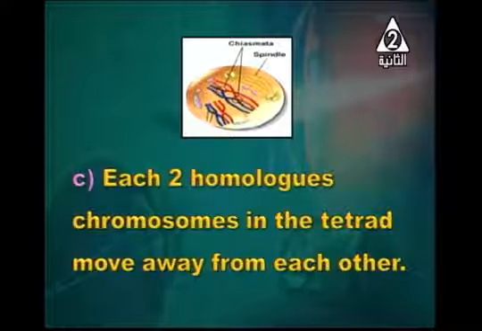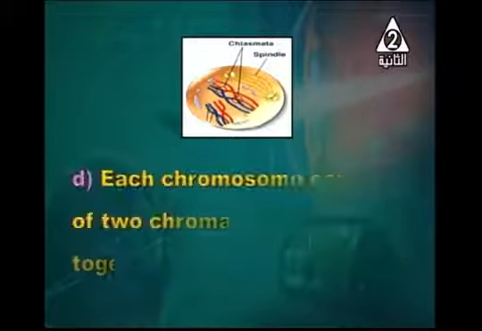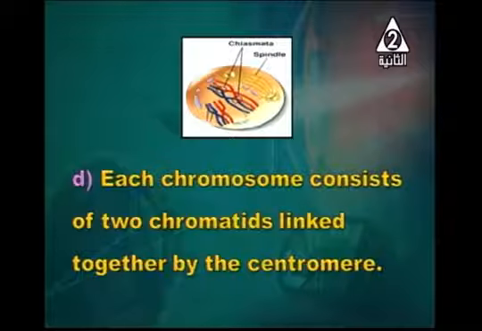Each 2 homologous chromosomes in the tetrad move away from each other. Each chromosome consists of 2 chromatids linked together by the centromere. Also, the centrosome migrates to the cell pole to produce spindle fibers.